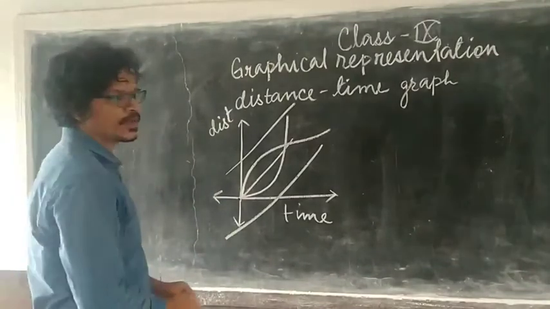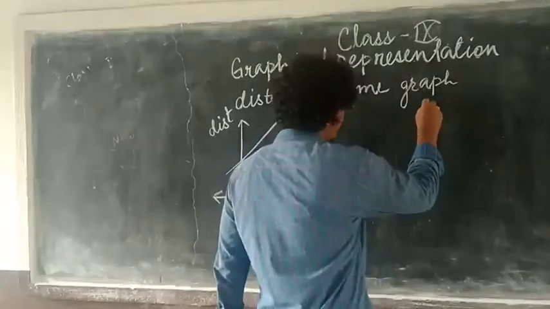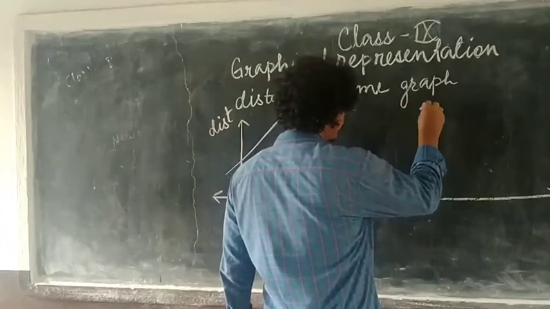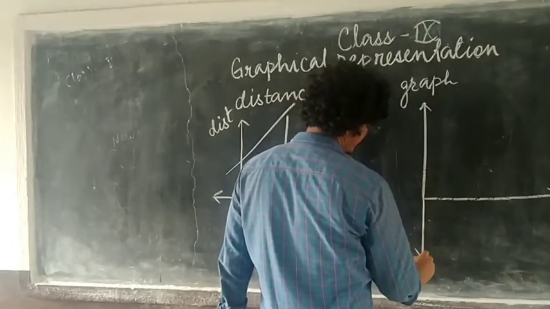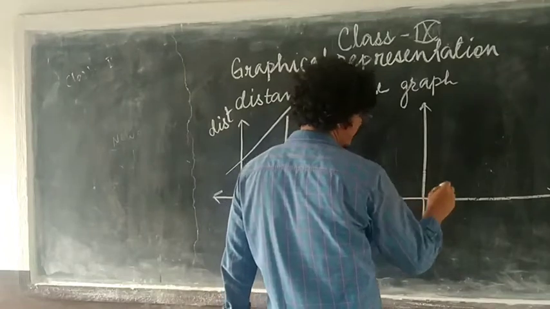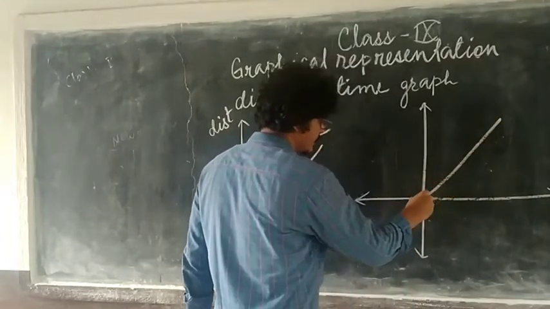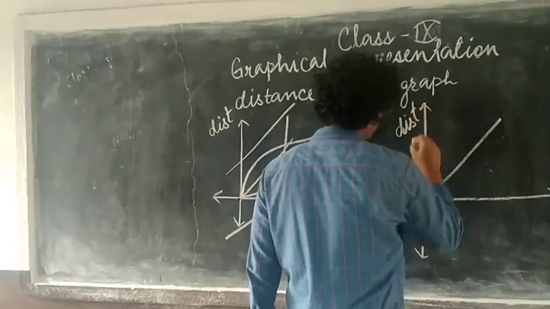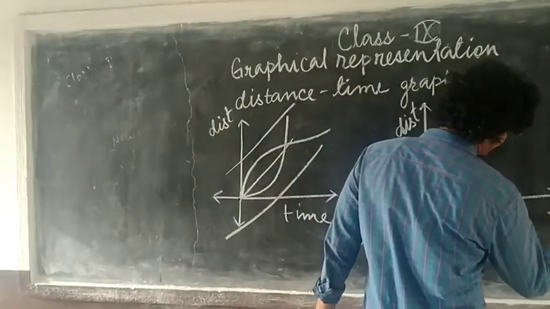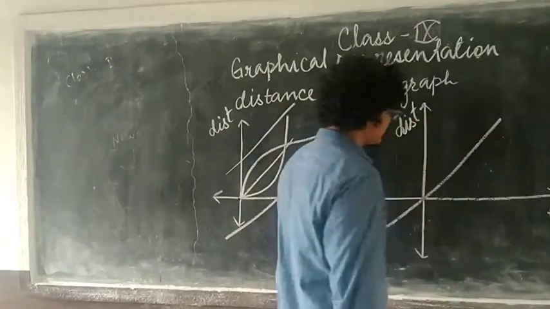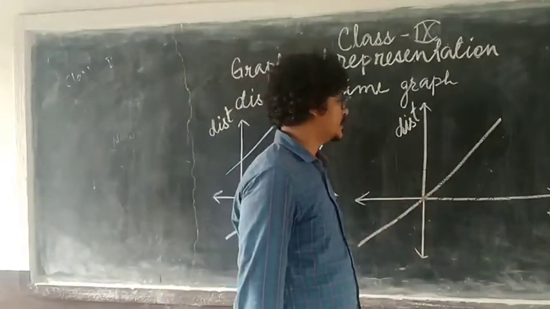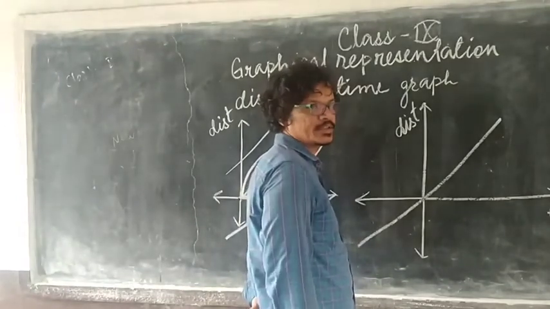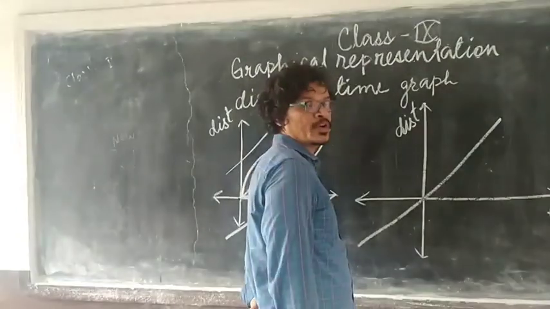Let us take the first case of the distance time graph in which the graph is passing through the origin. In y-axis we have taken distance and in x-axis we have taken time. So what does this graph represent? This graph represents the motion of an object which is moving with uniform speed.